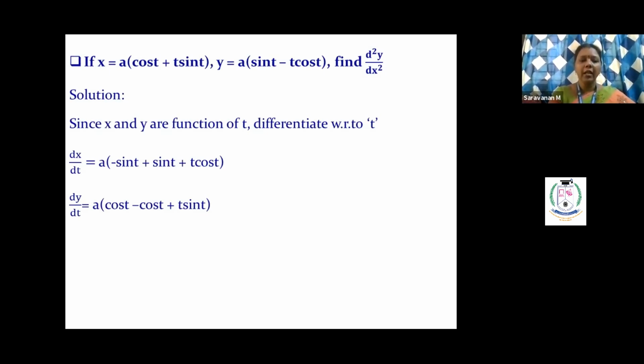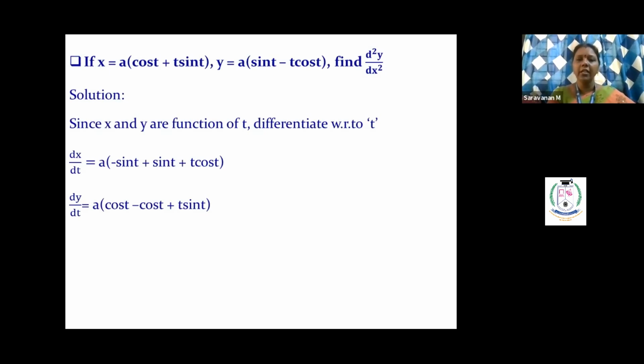Okay, and then what is dy by dt? Same way we have to proceed. A outside as it is because it is in the multiplicative form. So we are writing the coefficient as it is. Okay. So a into differential of sin t is cos t minus, here also for the second term we have to apply the product rule. t cos t we are having.